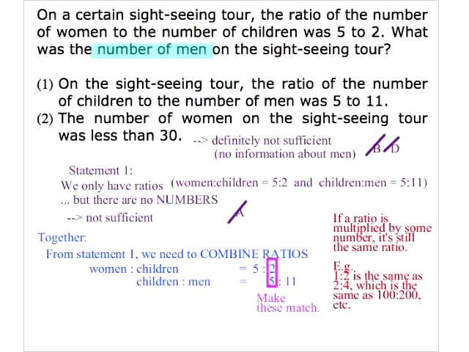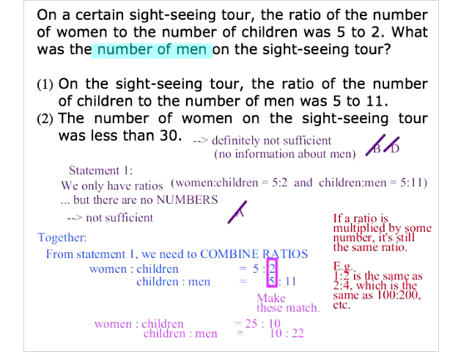Well, women and children, the least common multiple of those two is 10. So if we multiply the first one by 5, that gives us 25 to 10. And if we multiply the second one by 2, we'll also get another 10 for children. So children to men is going to be 10 to 22.